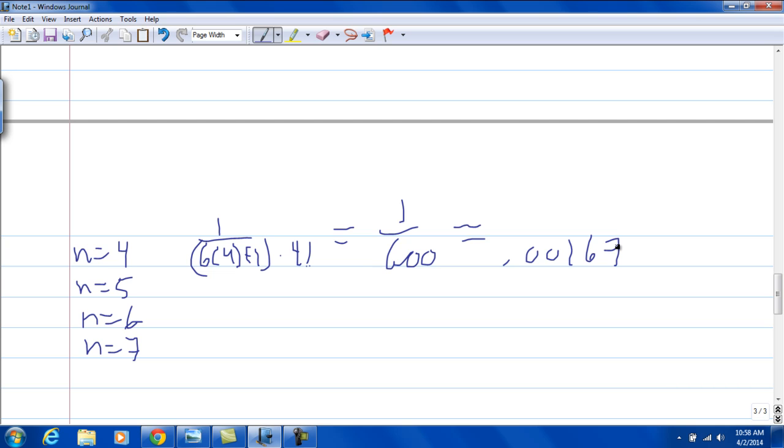So do 5. It's going to be 1 over 6 times 5 plus 1 times 5 factorial.